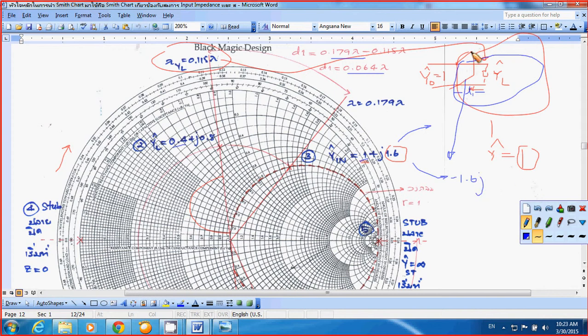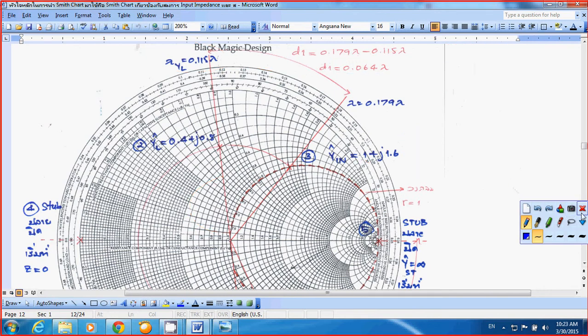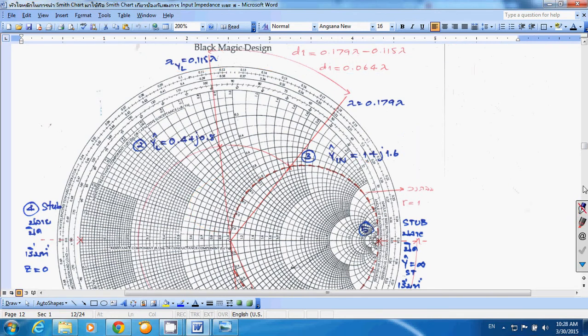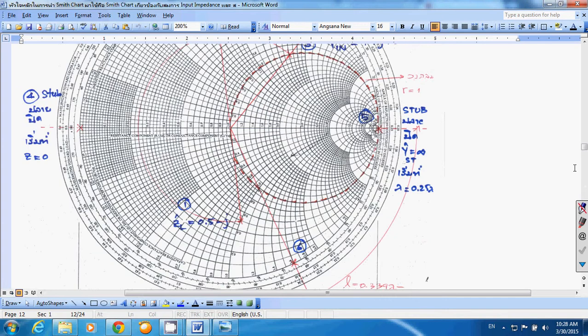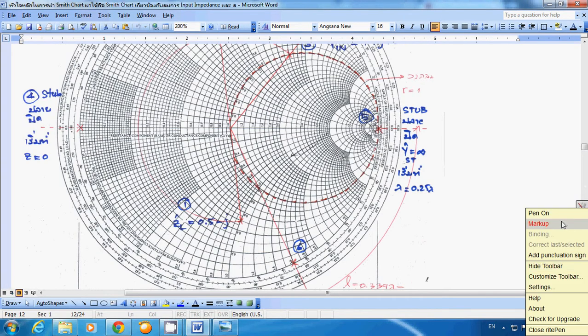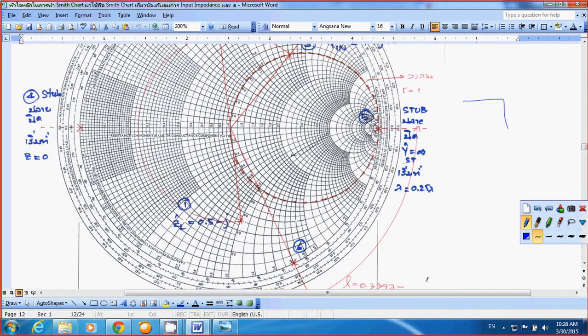And you have the option of either a short circuit stub or an open circuit stub. Let's start with the short circuit stub. Now you take a look at the short circuited stub. It looks like this.